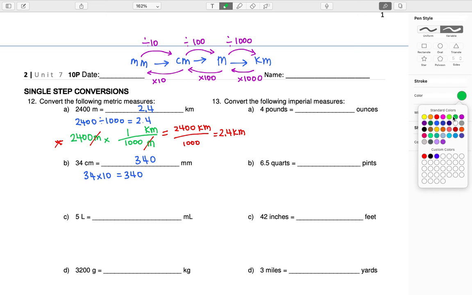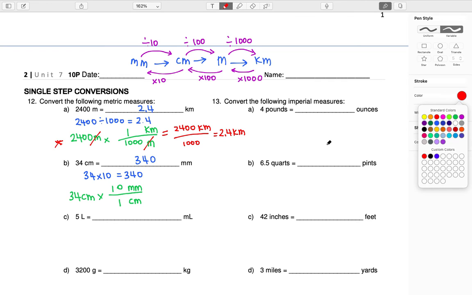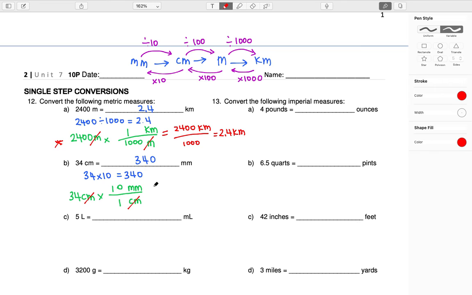If I want to show using a conversion, write down what you're given, times, so the centimeter, the one that I'm trying to get rid of, goes at the bottom, and millimeter is what I'm trying to find. Looking at the chart, we know that 1 centimeter is equal to 10 millimeter. Therefore, centimeter and centimeter cancel out. So you get 34 times 10 over 1, which is 340 millimeter.